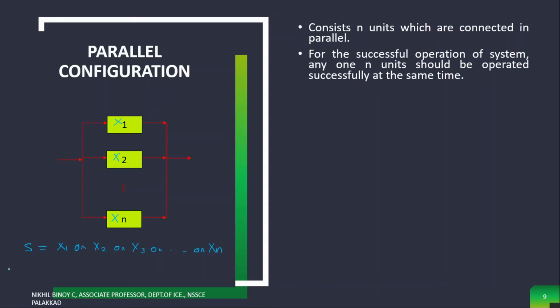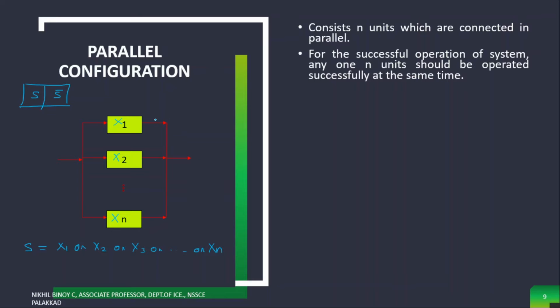Or in other terms, as I told you in the first module, from the reliability or survival point of view, we have only two events, S and S bar, either survived or not survived, and these two are mutually exclusive. This system not surviving means failing. The system will fail if all n components fail simultaneously.